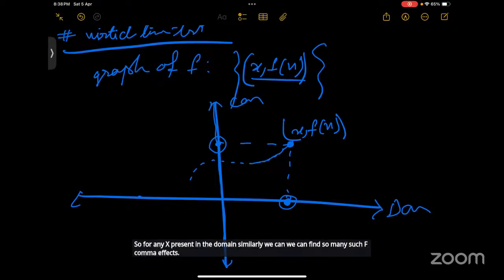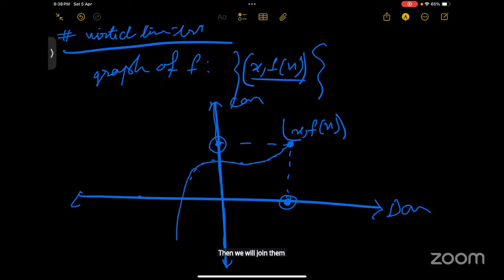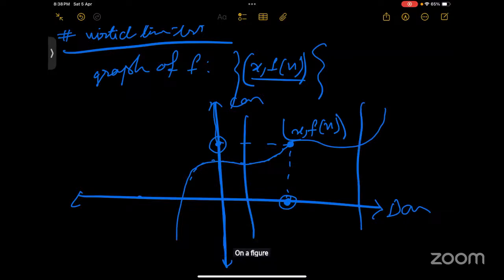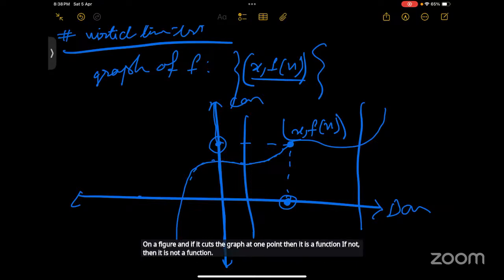Then we join them and we find a figure, right? That figure is called the graph of a function. So the vertical line test is: if I draw any vertical line on a figure and it cuts the graph at one point, then it is a function. If not, then it is not a function, right?